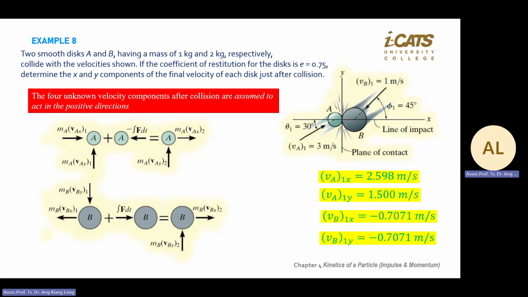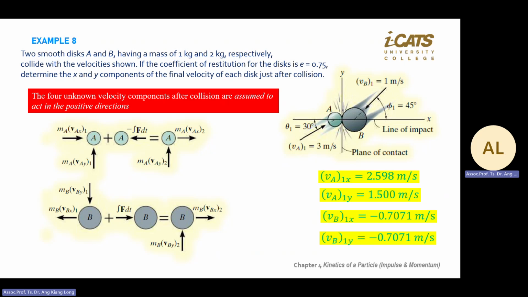If you assume A goes this way, B goes this way, then your resultant A will go this way and this way, and B will go this way and this way.